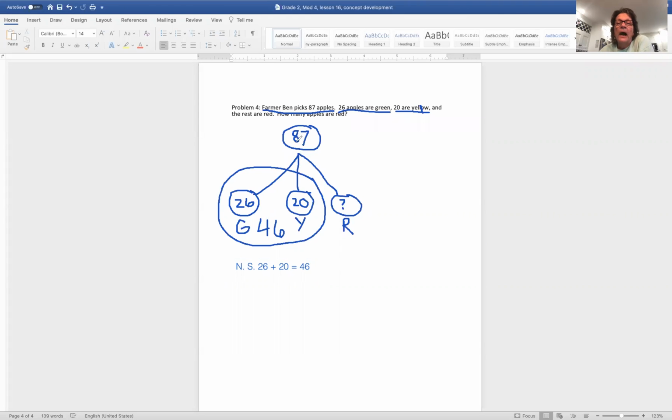So how can I get that number sentence? Well, you know, when you got the total and you got one part, you subtract to find the other part. So my next number sentence will be taking my total and subtracting that one big part that represents the yellow and the green.